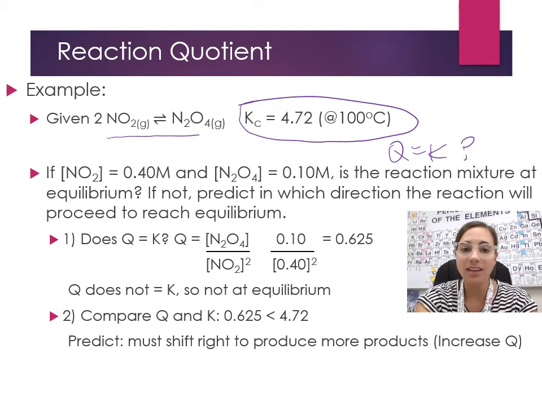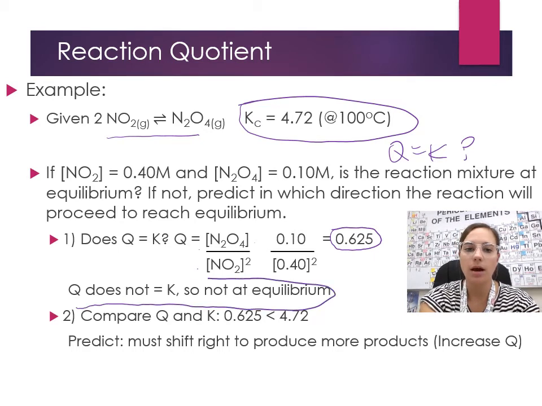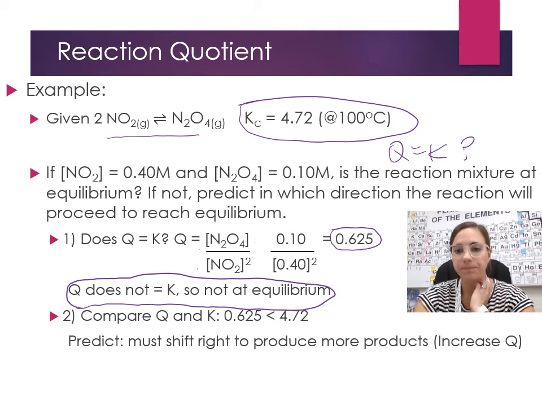When I plug in the concentrations I was given, product over reactant, raised to their coefficients, I get 0.1 over 0.4 squared, which equals 0.625. Q does not equal K, so I am not at equilibrium.